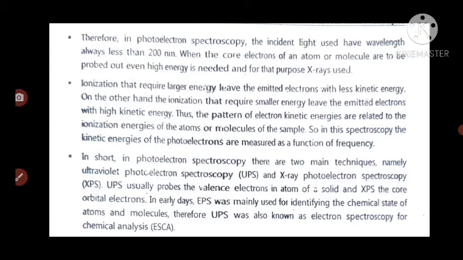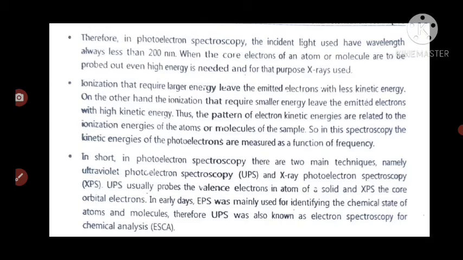In short, for photoelectron spectroscopy we have already seen that there are two main techniques. The first is XPS, X-ray photoelectron spectroscopy, and the other is UPS, ultraviolet photoelectron spectroscopy.